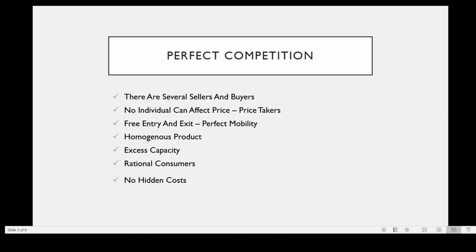Take the case of the foreign exchange market, where the rupee-dollar value is determined by innumerable suppliers and innumerable buyers acting on a network basis, either on the Reuters system or on the Bloomberg system or similar. So all are price takers.